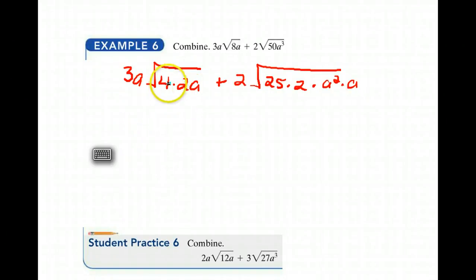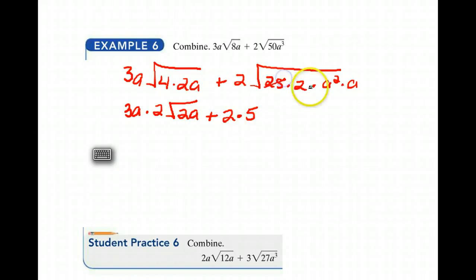So we have 4, the square root of 4 is 2, so we're going to do 3a times 2 square root 2a plus. Now the square root of 25 is 5, so we're going to have 2 times 5. 2 is not a perfect square, so it's going to stay under my radical.